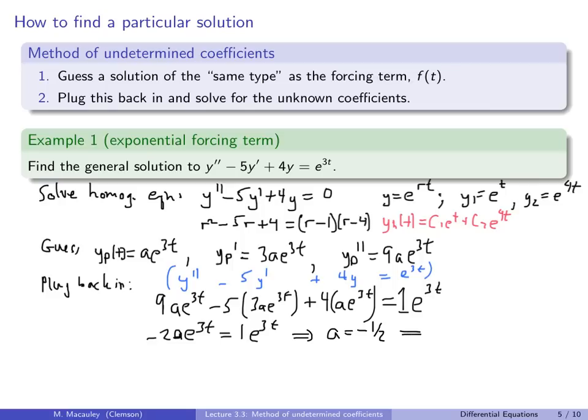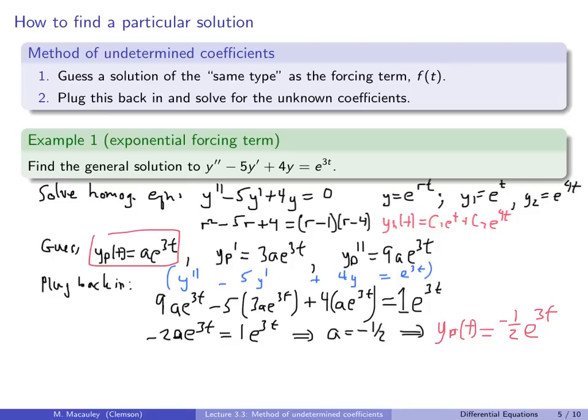And that means that we have a particular solution. This was our guess. So that means that we have a particular solution, yp of t is negative 1/2 e to the 3t.